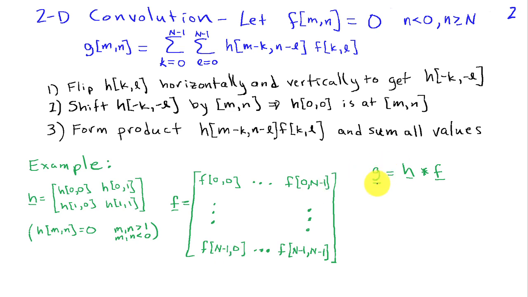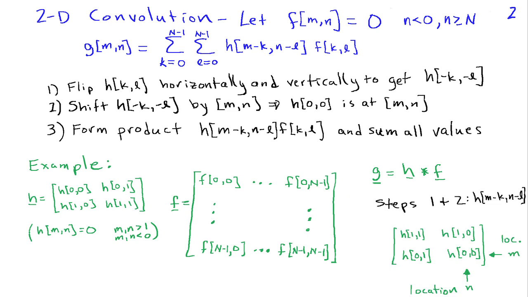We want to look at the convolution between h and f, and we're going to call that g. So first of all, in steps 1 and 2, we're going to flip and shift h. So if I flip h horizontally and vertically, I get this form here where h of 0, 0 is now in the lower right corner, h of 1, 1 is now in the upper left, h of 0, 1 is in the lower left, and h of 1, comma, 0 is in the upper right.